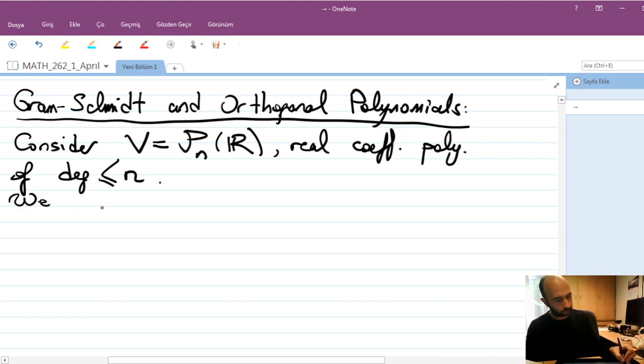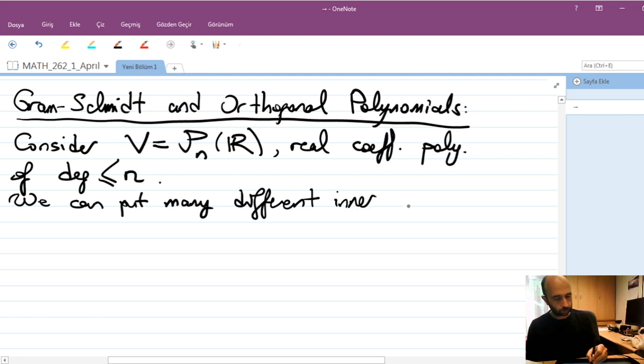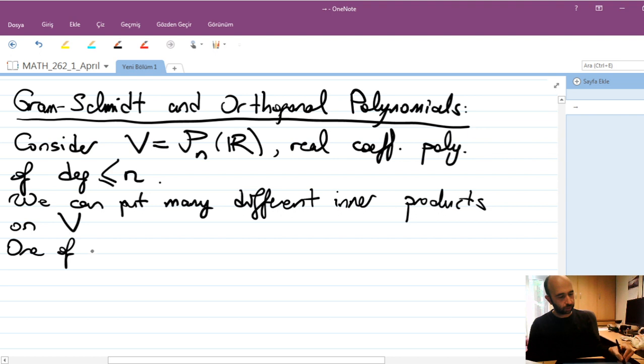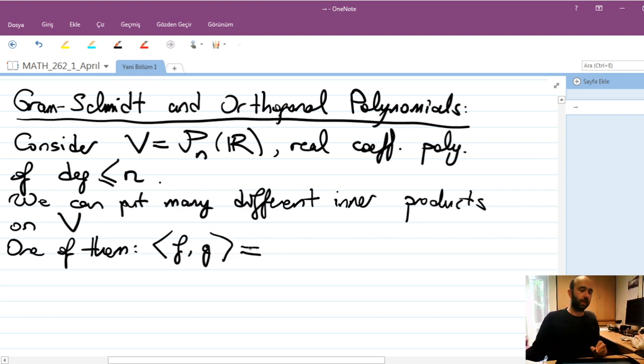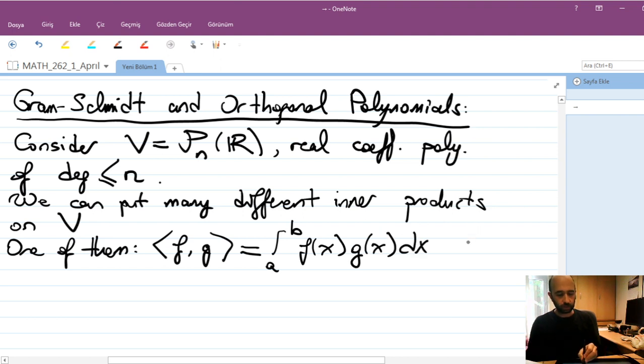We can put many different inner products on V. Well, one of them we know very well is the integral inner product. So the inner product of f and g is the integral from a to b of f(x) times g(x) dx. Here I need a to be less than b for this to make sense.